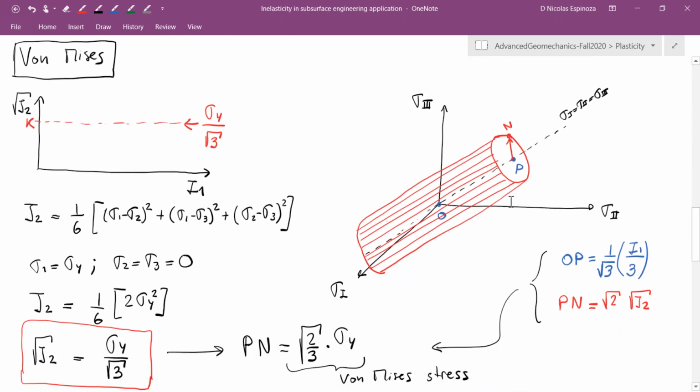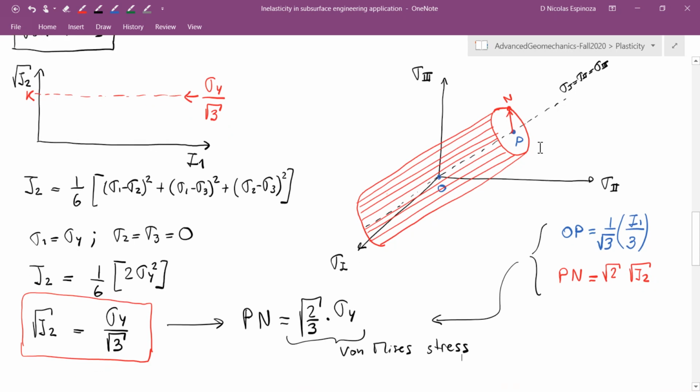This is not going to be true for rocks, and in general for all materials. For rocks, we cannot go infinitely in tension because we run into tensile failure. We cannot go infinitely in compression because we run into significant compaction strains.